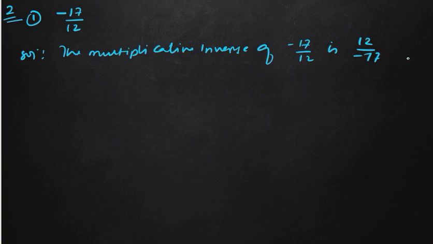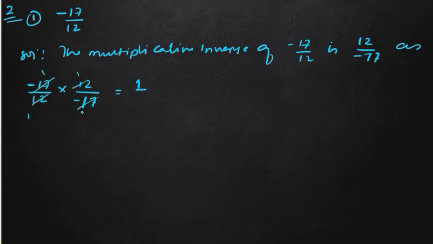The multiplicative inverse of minus 7 by 12 will be 12 by minus 17, as if you multiply minus 17 by 12 with 12 by minus 17, then what will be the answer? Then the answer will be 1. How 1? 12 1 is 12 and 17 1 is 17. So all are cancelling, so they will form 1.